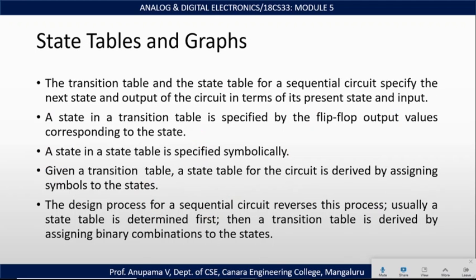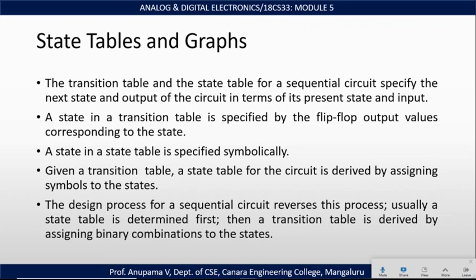Now, let us see what is state table and state graph. The transition table and state table for the sequential circuit specify the next state and the output of the circuit in terms of present state and the input. So remember the definition.